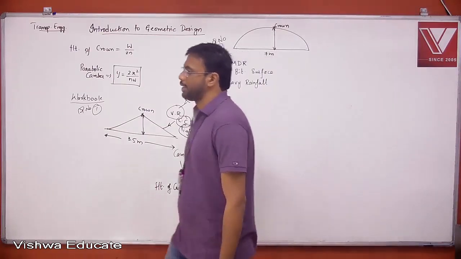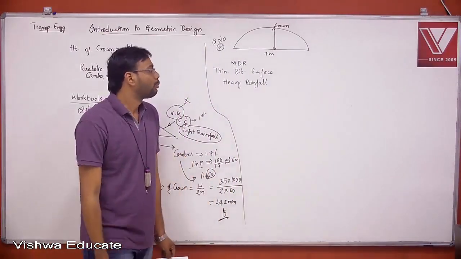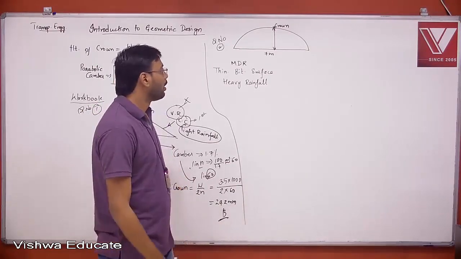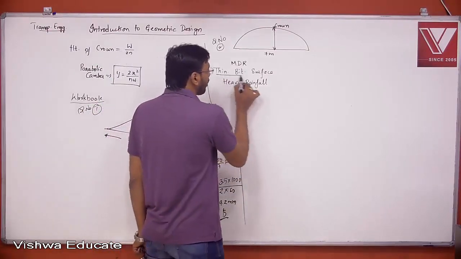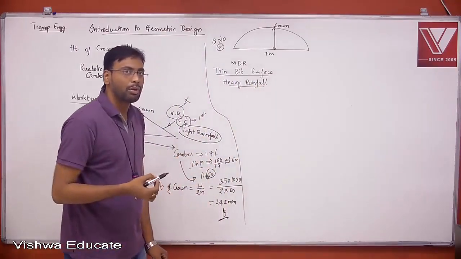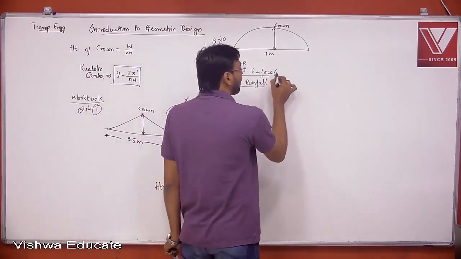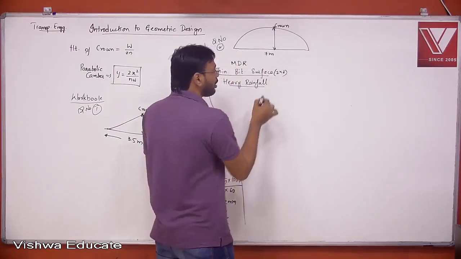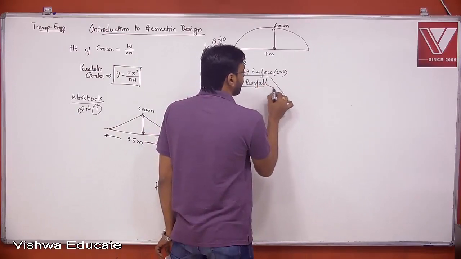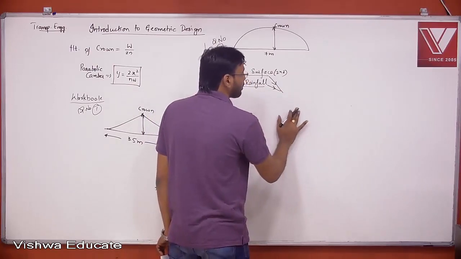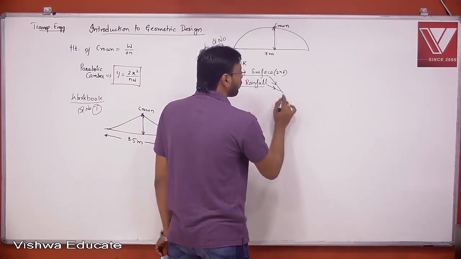Again, look back at your table from the discussion. For a thin bituminous surface of heavy rainfall region, thin bituminous surface is the second type of surface. For this combination, the values are 1.7, 2, and here the answer for us is 2.5%.